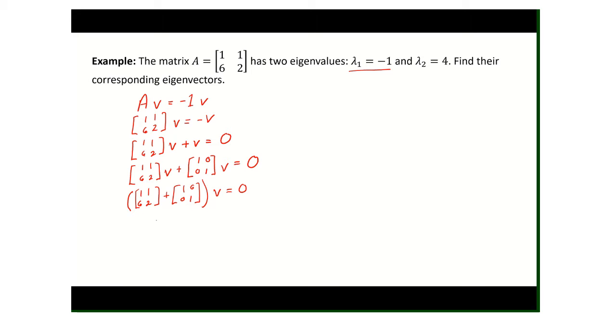So add together those 2 matrices, we get [2, 6; 1, 3] times v is equal to 0. So after this type of calculation, what we're doing is we're looking for the vector v that multiplied by that matrix gives us 0. Hopefully this is starting to look a little bit familiar. So how do we get this?